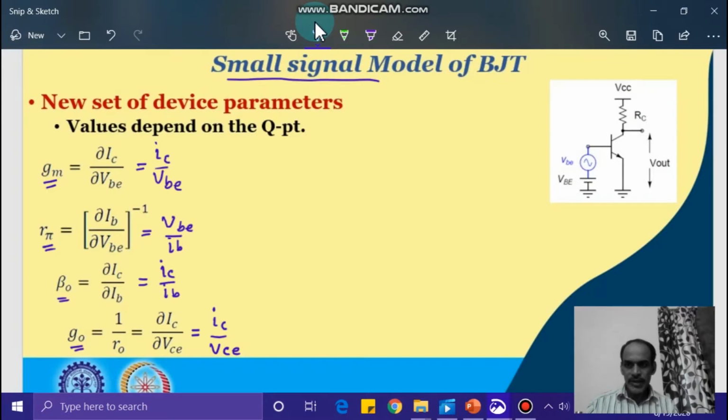All these parameters, as we have discussed, depend on the operating point, or to be more precise, we can express these small signal parameters in terms of the operating point.